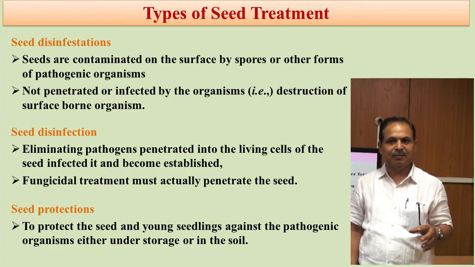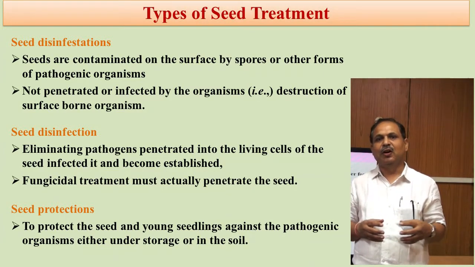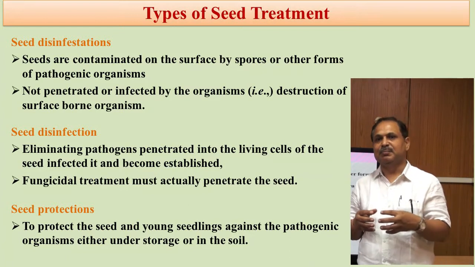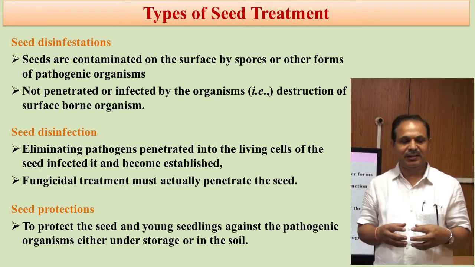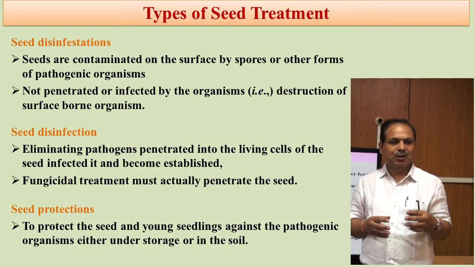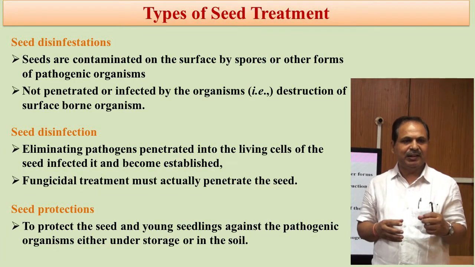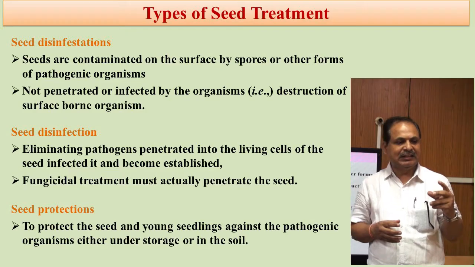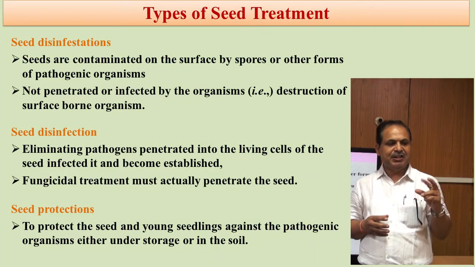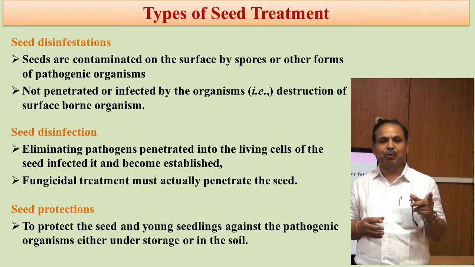There are different modes of action of the treating agent, which may be chemical or other things. In that way, the mode of action of seed treatment is either seed disinfestation, seed disinfection or seed protection.